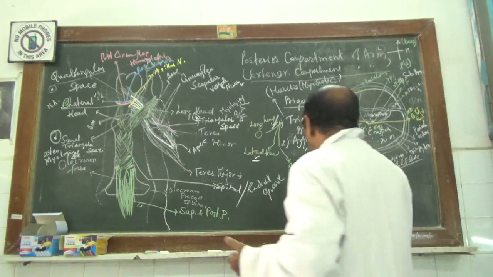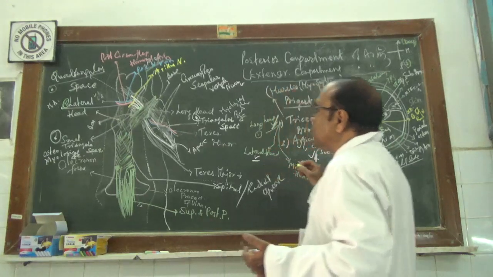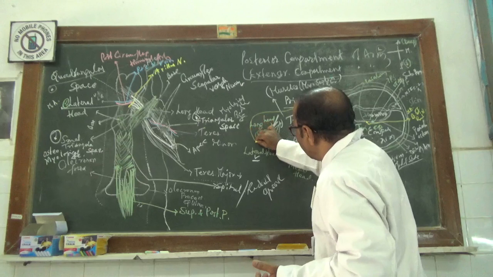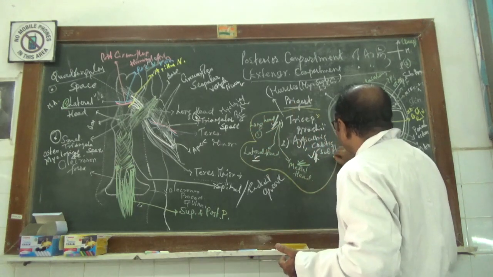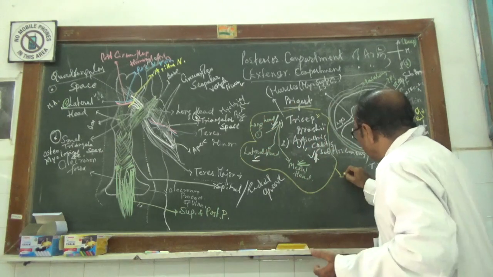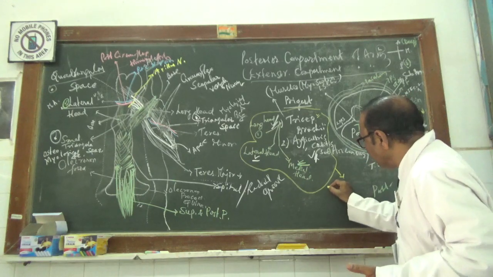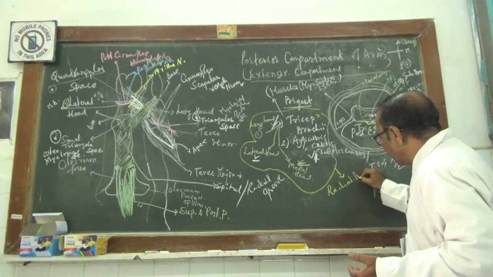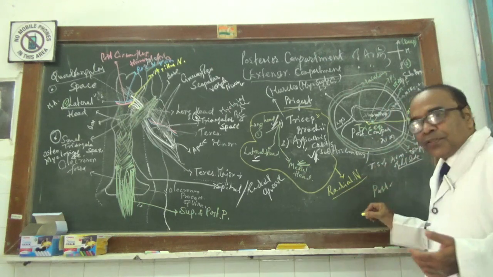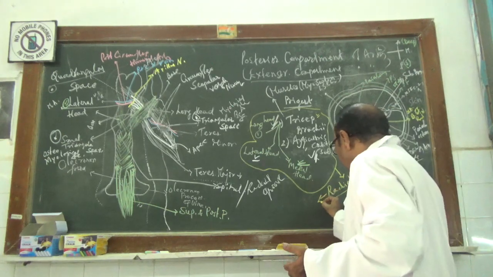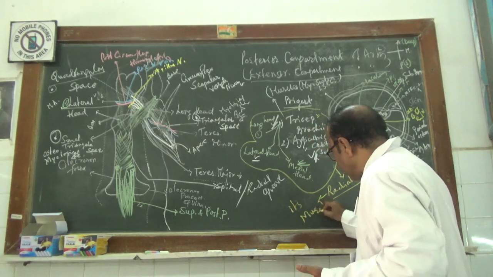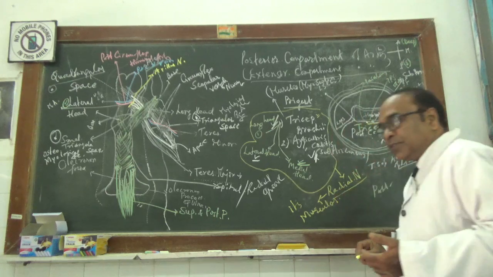Now coming to the nerve supply. Nerve supply for the triceps: the radial nerve, from its muscular branches.